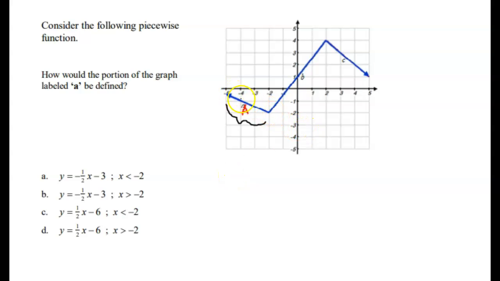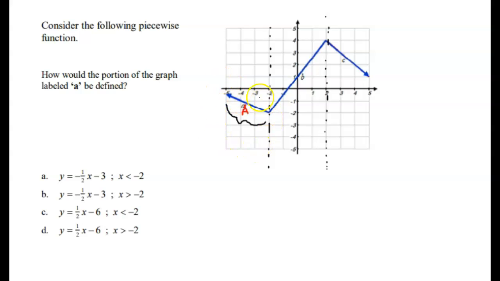I want to think about how that is defined. I immediately am going to check my interval. The interval I can tell on this piecewise function has this break right here at negative 2. I'm sorry, not 2. And then we have another interval break at 2. You can tell when the line breaks off and goes a different way. Those are our interval breaks.